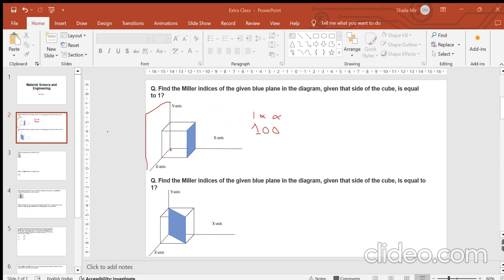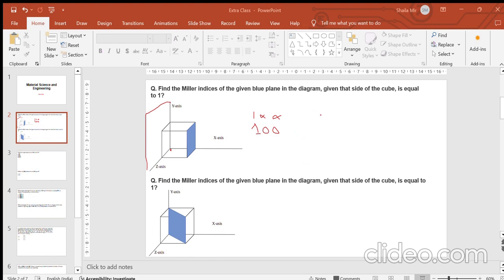These are dot products, divided by the square root of the sums of squares of their indices. So this will be the square root of h1 square plus k1 square plus l1 square, multiplied by h2 square plus k2 square plus l2 square. This is how you get the angle between any two planes.